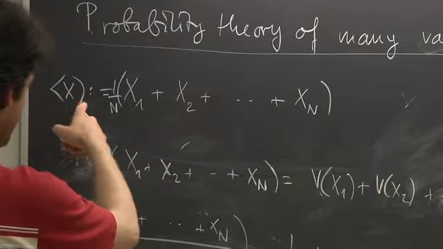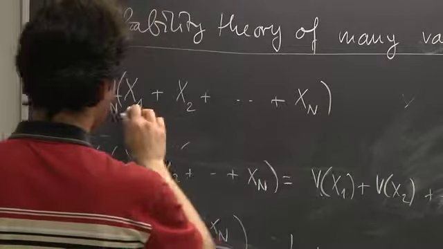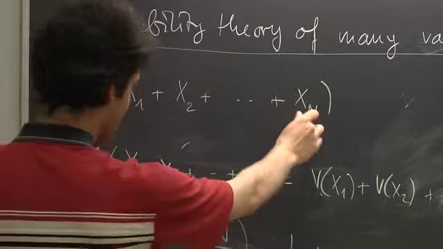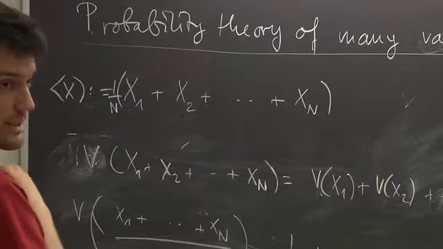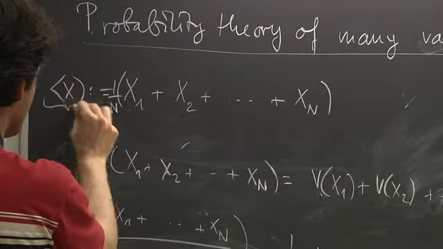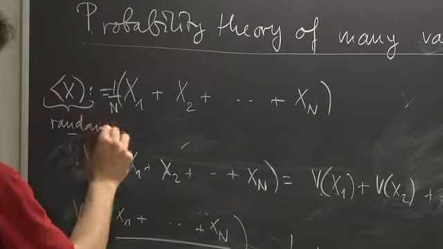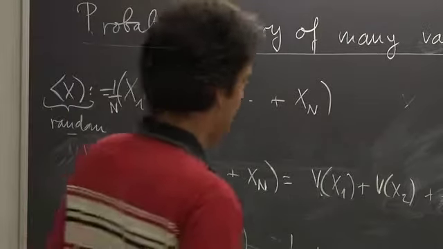So this means I look at the random variable, which is the sum of n independent samplings of a given random variable divided by n. So this is itself a random variable, the whole object. This is random. Okay, and we are asking about the distribution of this random variable.